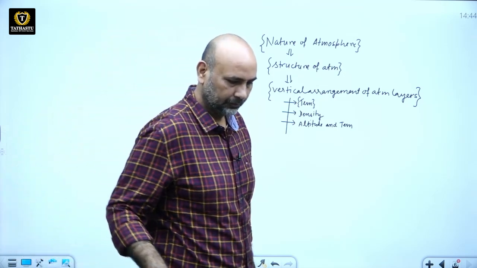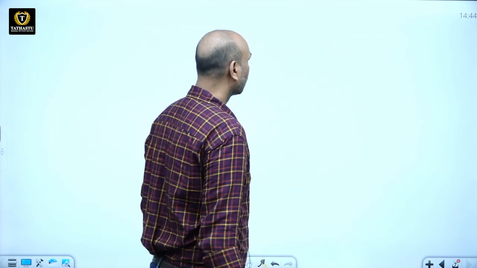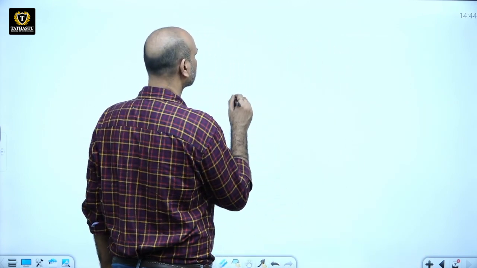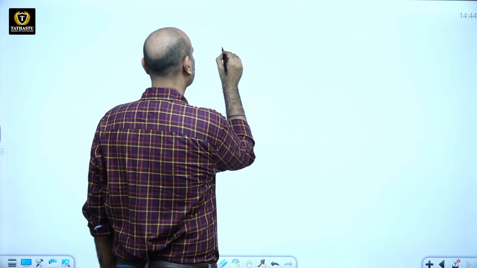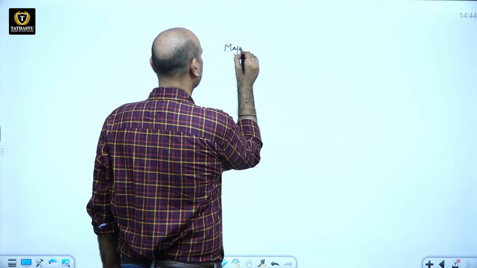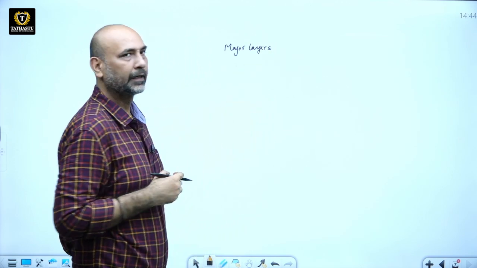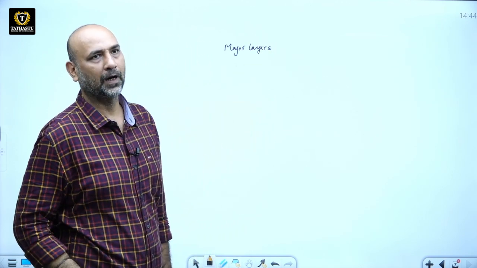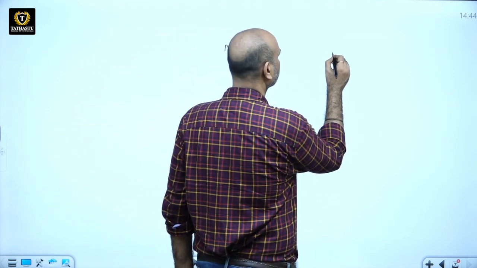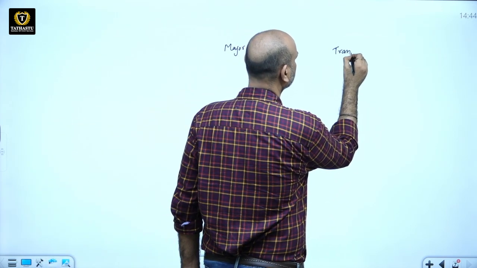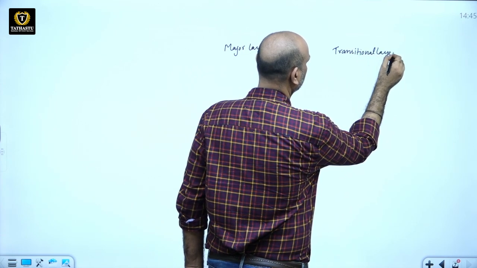Now, these are the atmospheric layers. We classify atmospheric layers into two parts: major layers and transitional layers.